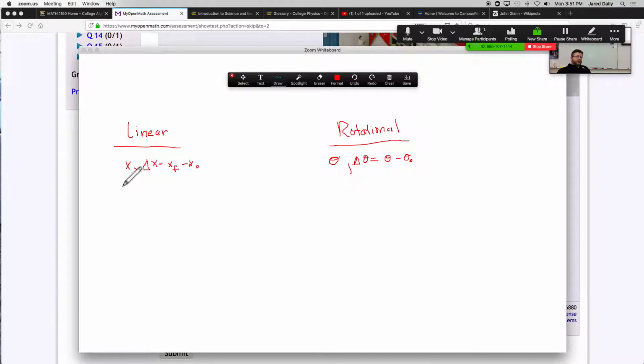In the linear realm, if you changed your position in a certain amount of time, delta x over delta t, then we called this velocity. Your velocity was your change in x over time. In rotational, we have a change in theta over time. And we called that omega.